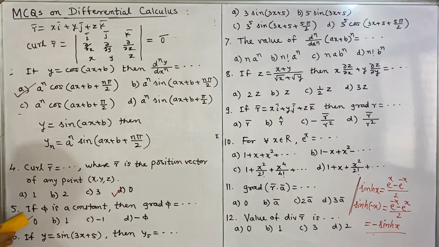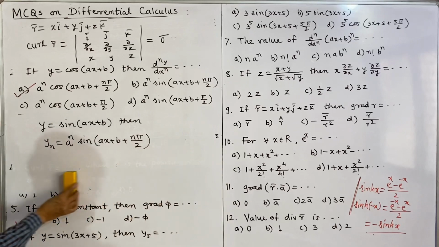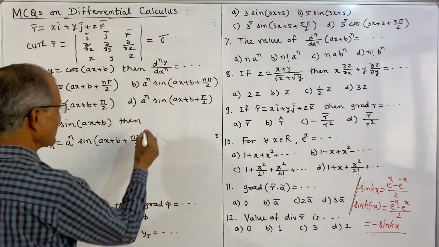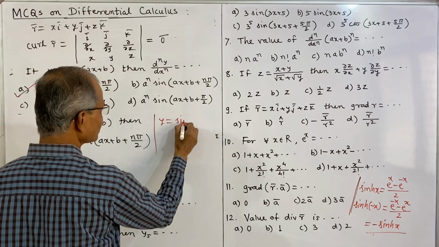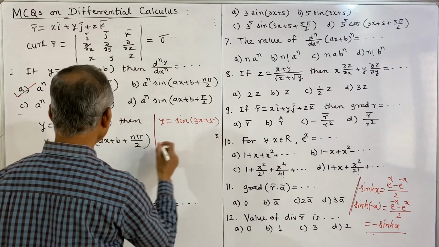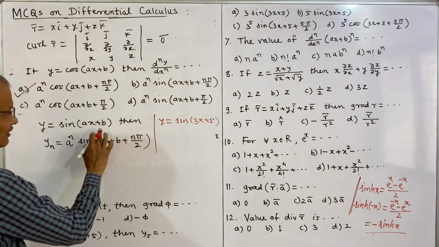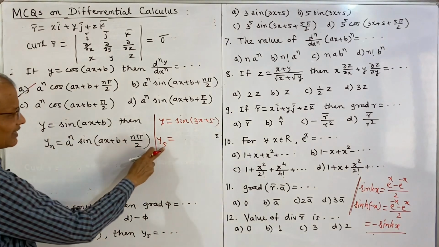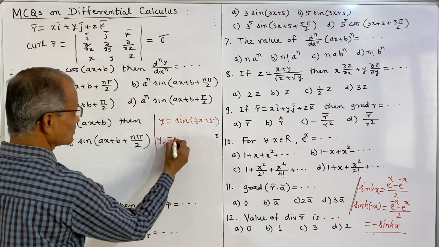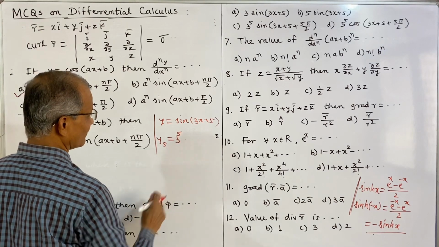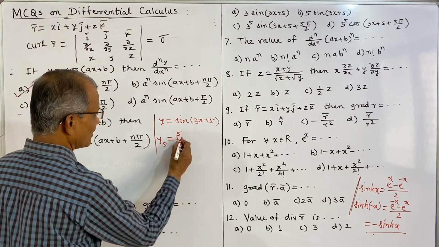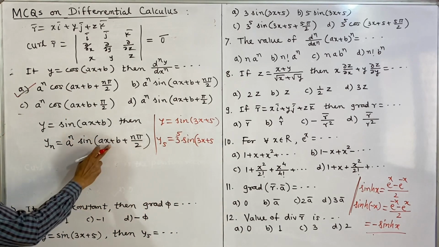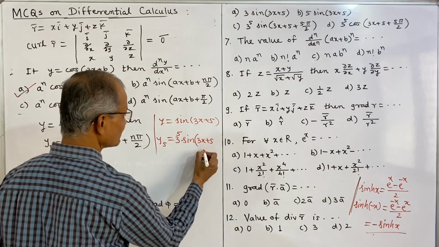And here the function given is y equal to sin(3x plus 5), and therefore what is the value of a? a is 3 and b is 5, and we want y5. So y5 will be a power n, where n is 5 here and a is 3, so 3 power 5 into sin(3x plus 5 plus 5 pi by 2).